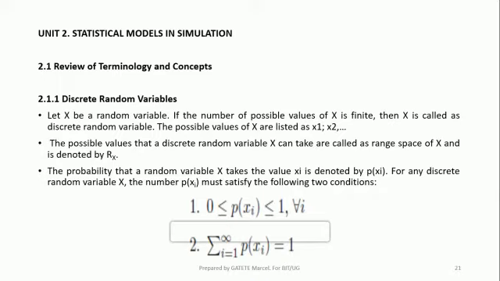Otherwise, this probability will not be valid. How? 0 must be less than or equal to p(xi), and also p(xi) must be less than or equal to 1 for each i. Let's see how.